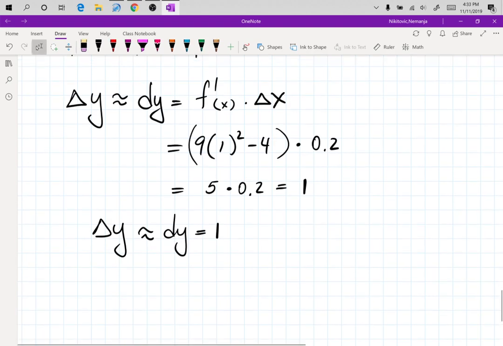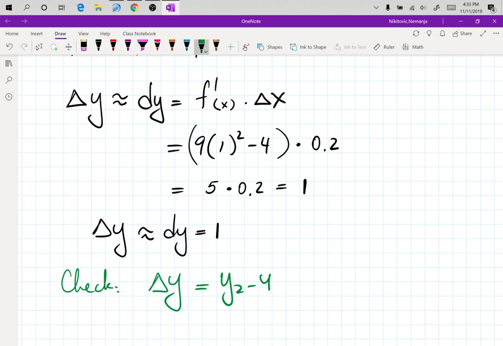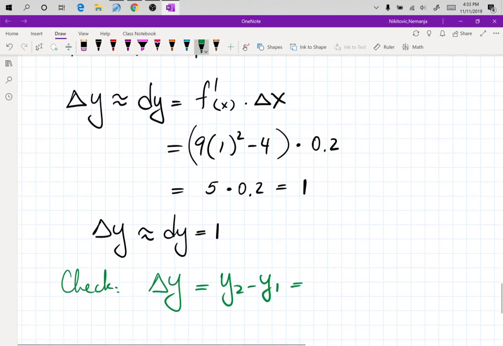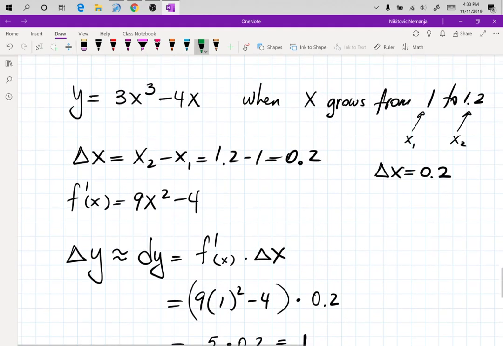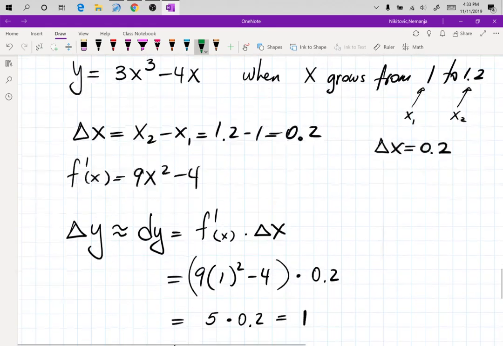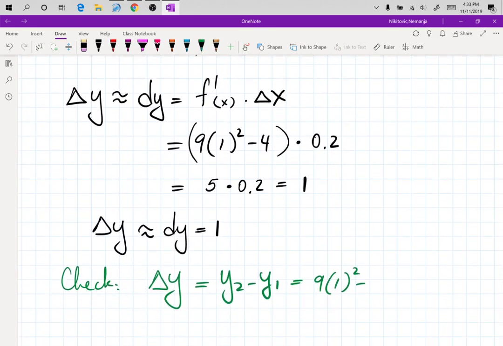Now, since this was an easy problem, we can check. To find the exact change, we need y2 minus y1. Oh, that's not my function. Should have copied the function. F of x is equal to 3x cubed minus 4x. Much better.